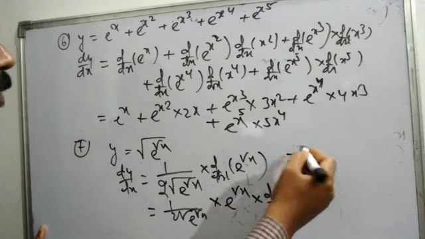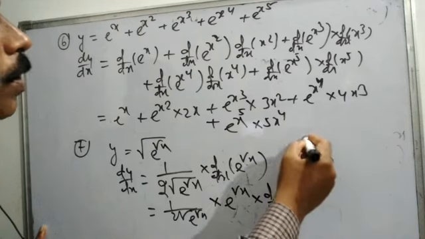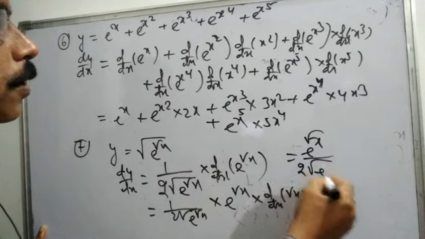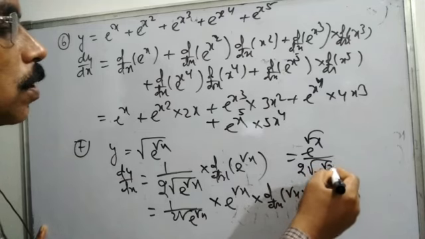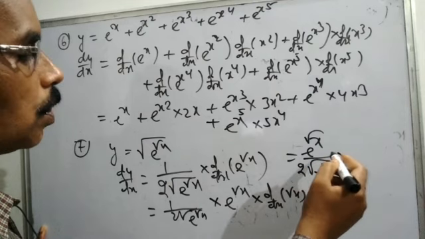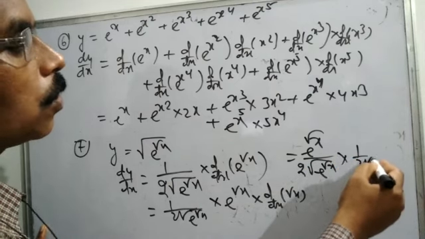The final result will be e to the power root x by 2 root e to the power root x into 1 by 2 root x.